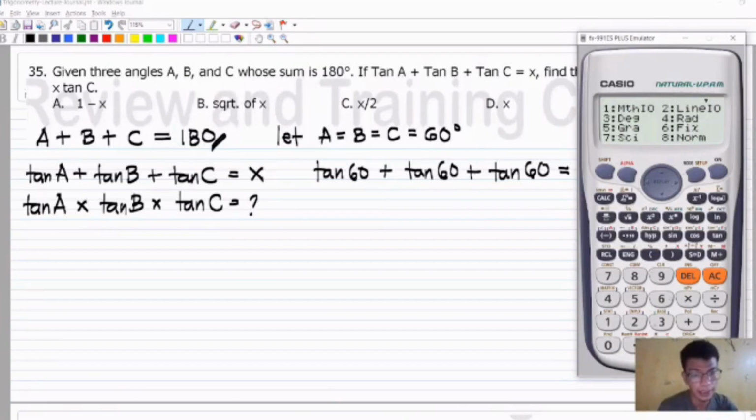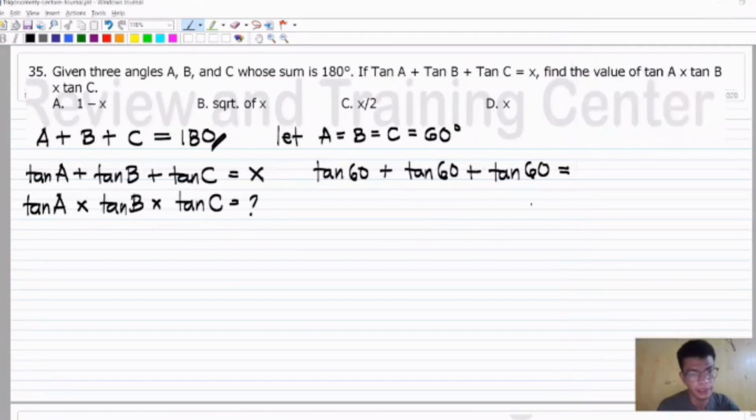Ang angle na nilalagay natin sa loob ng trigo ay mga degrees, kaya dapat naka-degrees. So the answer is 3 square root of 3. So kung i-compare natin dito sa pattern, 60 ang A, 60 ang B, 60 ang C, 3 square root of 3 ang x kapag daw ganun.